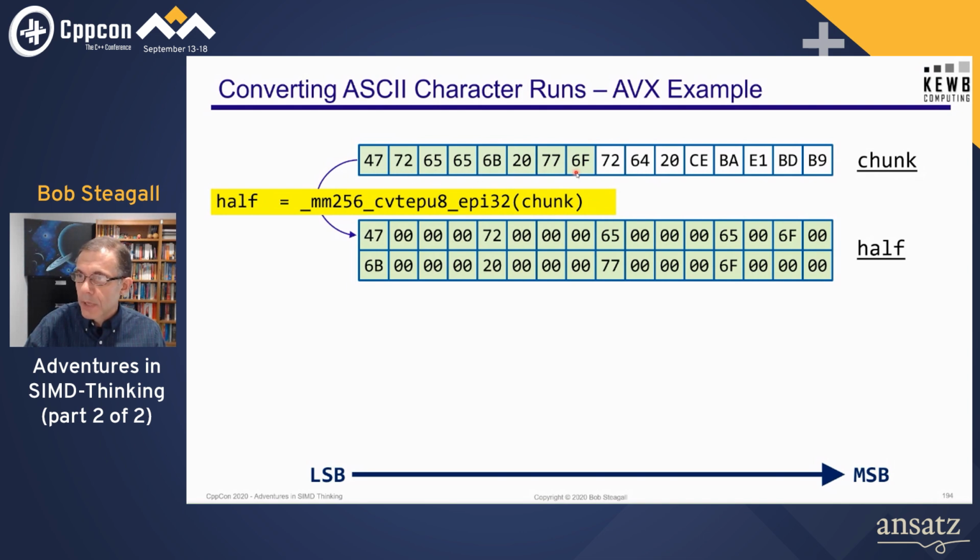It takes the lower 8 bytes and it unpacks them in one shot into half. And here, because I didn't have room on the screen, I've drawn half, which is 32 bytes wide, in rows of 2. So this is the least significant byte, and this is the most significant byte. But if you look at the pattern here, you can see that they've been zero padded.